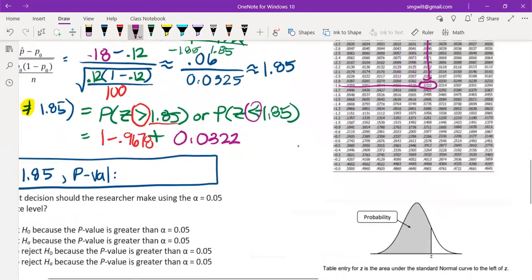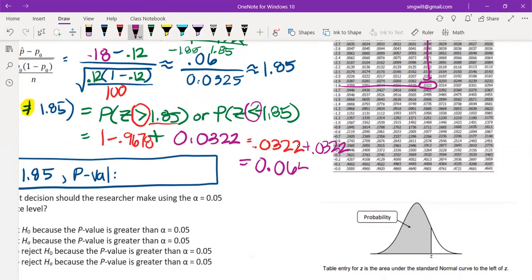So notice that if you subtract 1 minus 0.9678, that's actually also 0.0322. So my value is 0.0322 plus 0.0322, which means that the p-value is 0.0644.